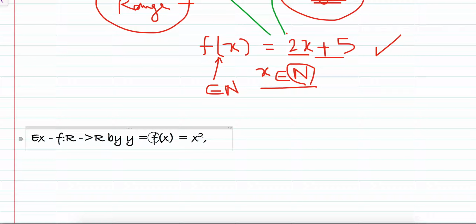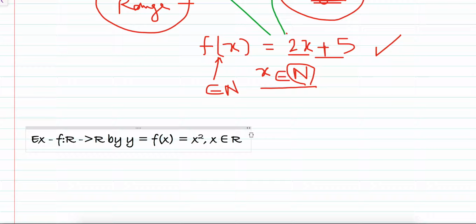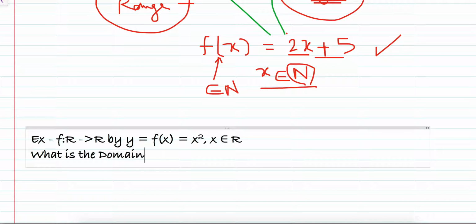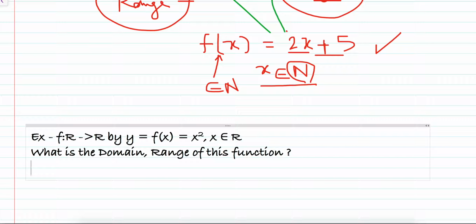So f(x) is defined as x squared, where x is a real number, that is, x belongs to R. Then what is the domain and range of this function? Draw the graph of f.